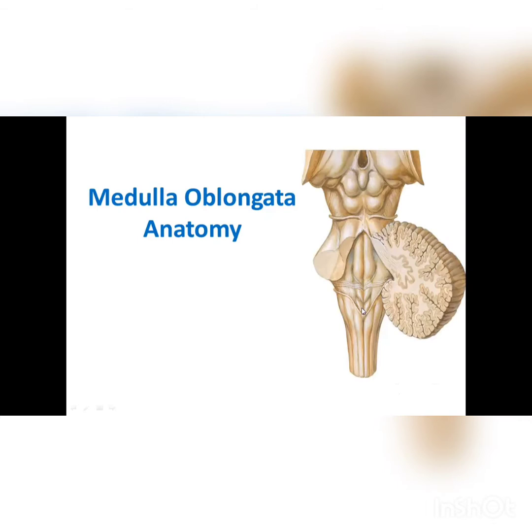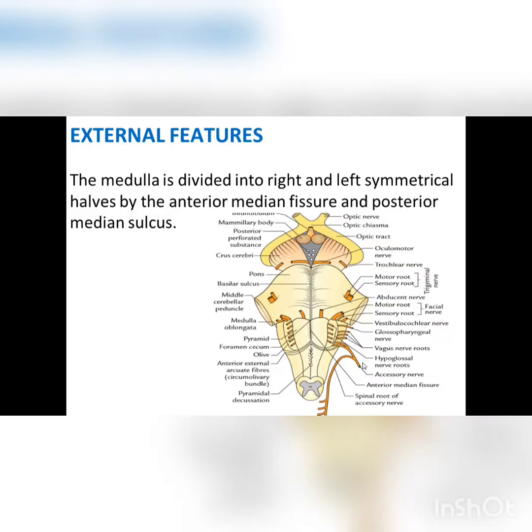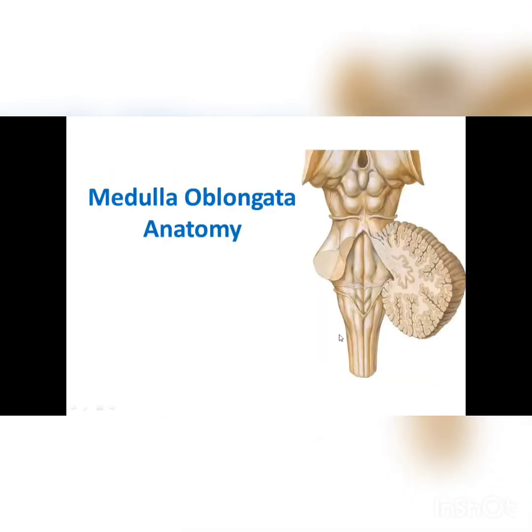This is the posterior view of the brainstem, this is the medulla oblongata, and this is the posterior median fissure. The medulla oblongata is divided into right and left symmetrical halves by the anterior median fissure and the posterior median sulcus.